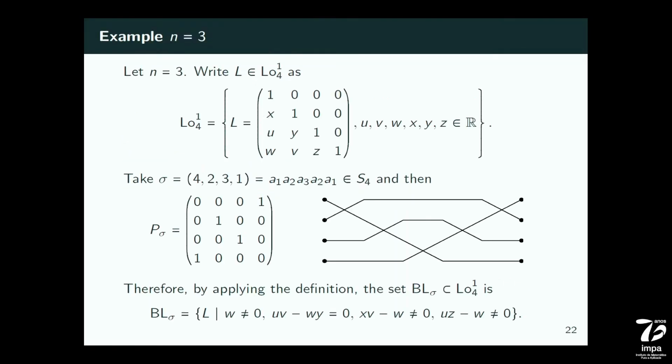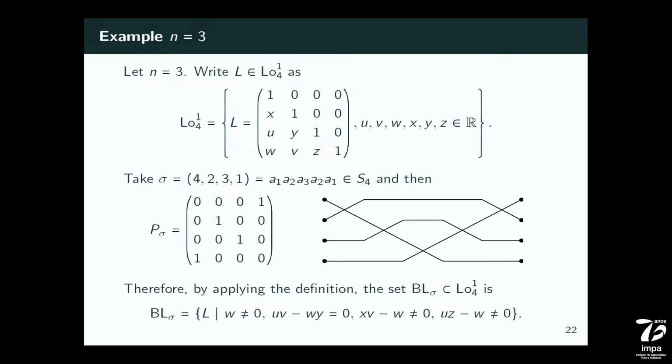So, some more applications to try to understand what's going on. In this example, N is 3. This is the set for 1. And if you take this permutation sigma, 2, 3, 1, we can take, for example, this reduced word, A1, A2, A3, A2, A1, and this is our permutation matrix.